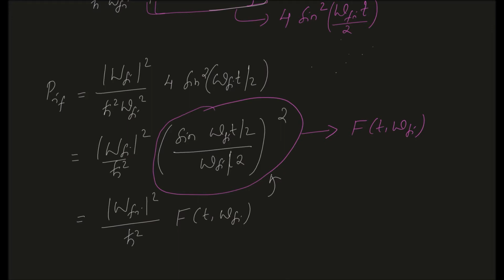So you can see that the probability depends not only on the square of the matrix elements, but it also depends on some function which is a function of time and the frequency omega_fi.